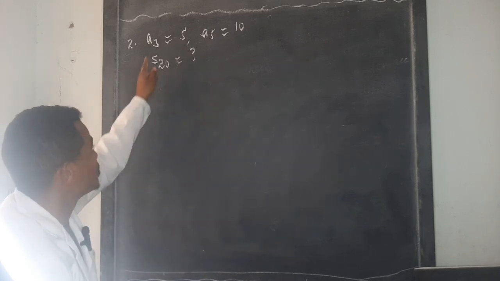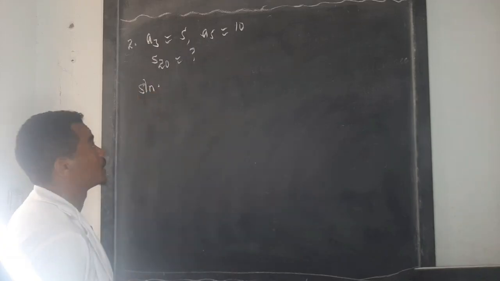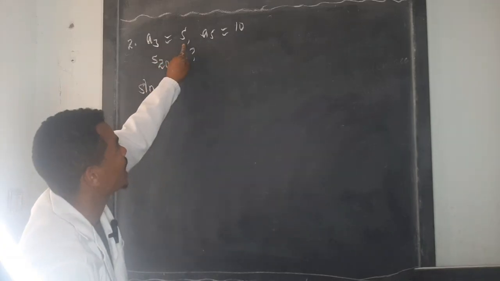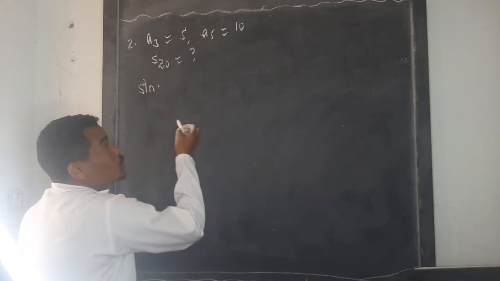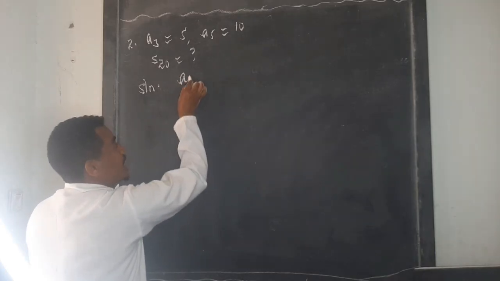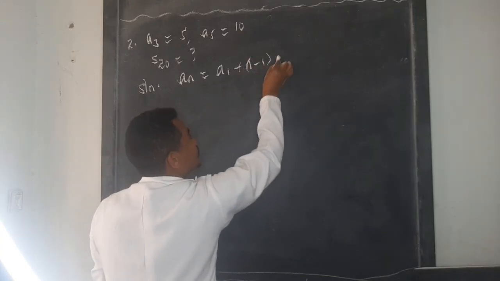So based on the given information, the third term is 5 and the fifth term is 10. The formula that we use for finding the nth term of an arithmetic sequence is an is equal to a1 plus n minus 1 into d.